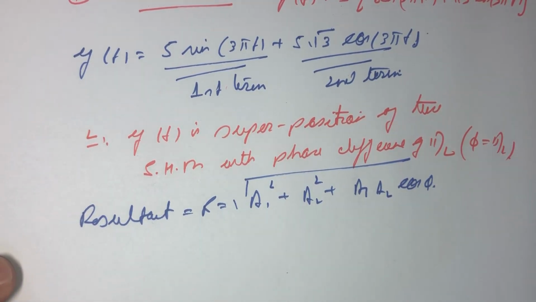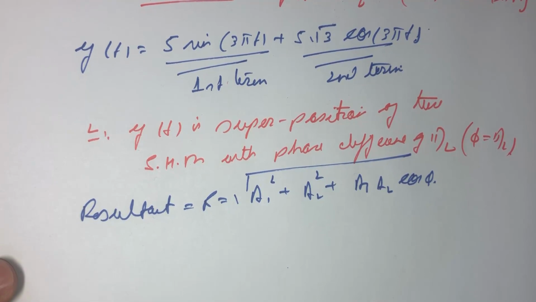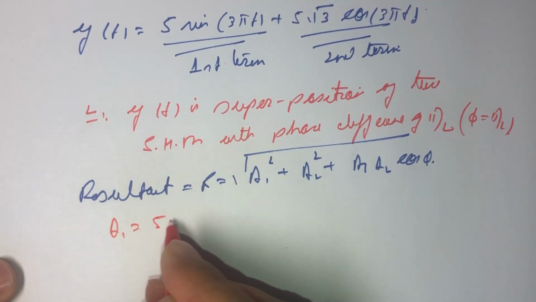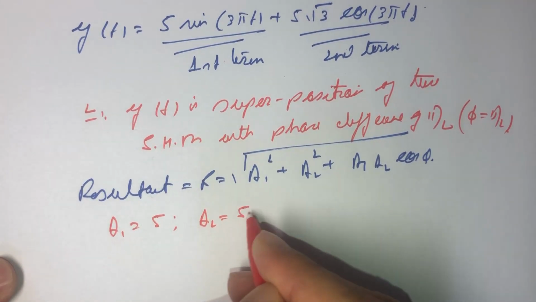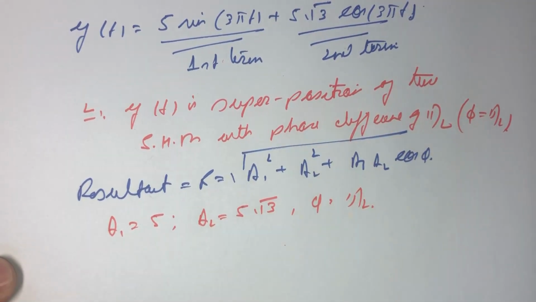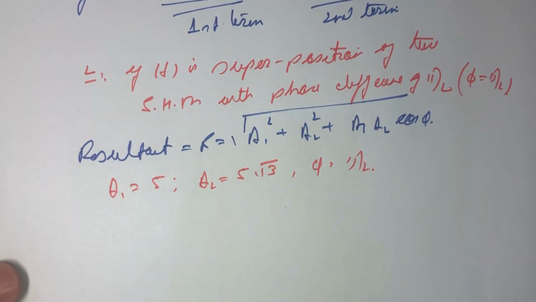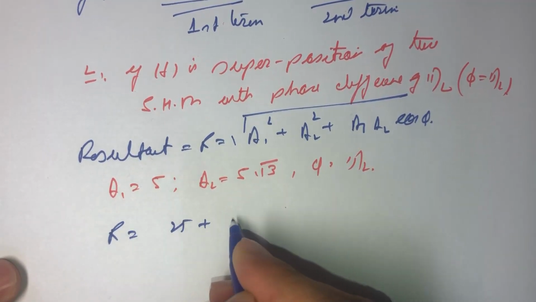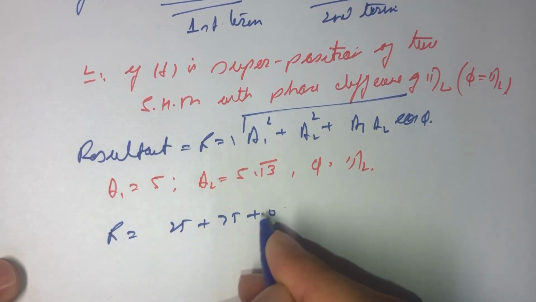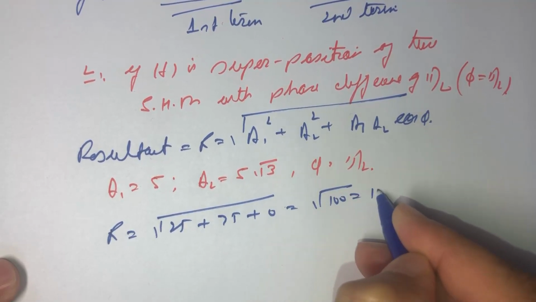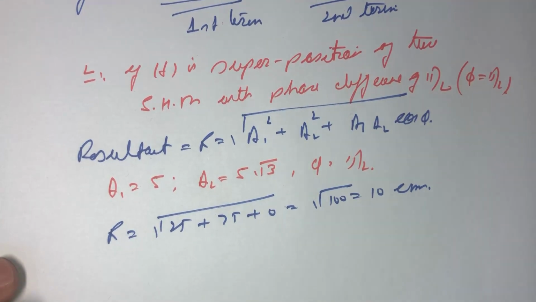Here a1 is 5, a2 is 5√3, and φ is π/2. So we get R equal to the square root of 25 + 75 + 0, which is the square root of 100, that is 10 centimeter.